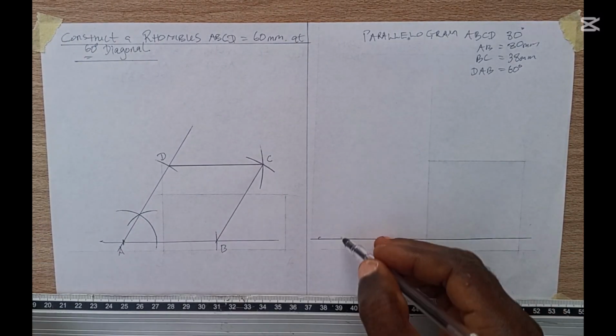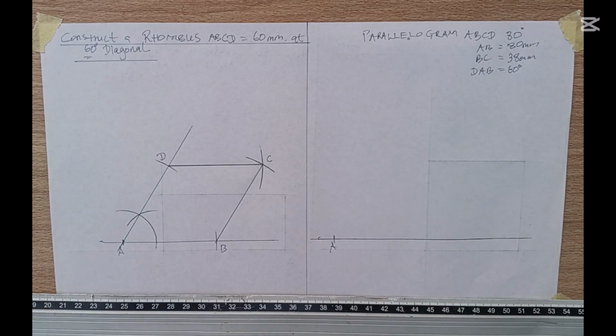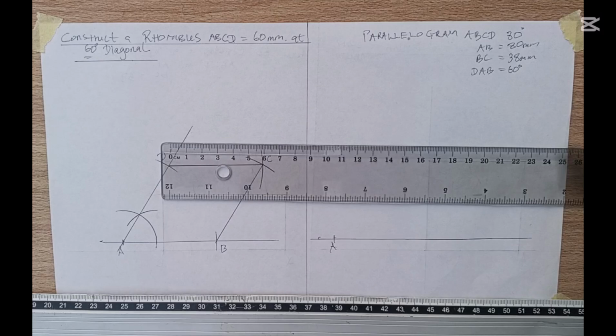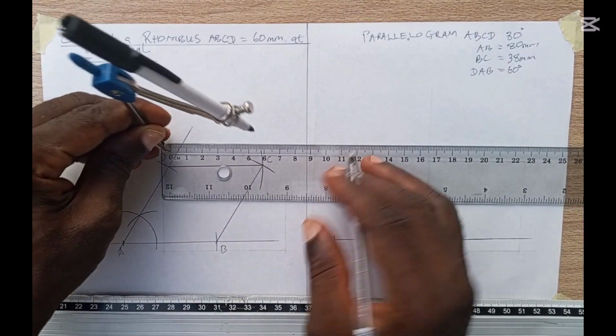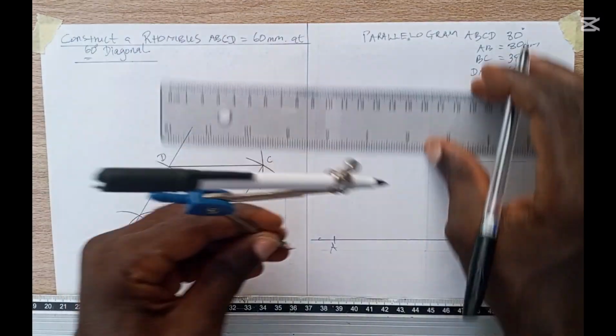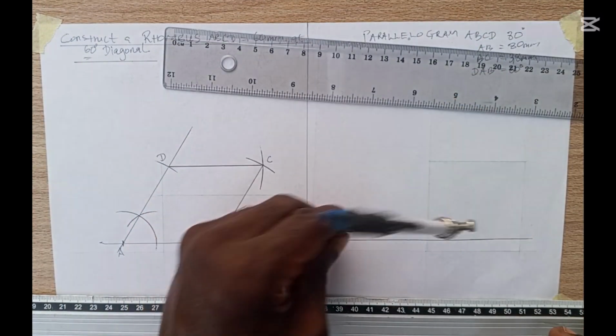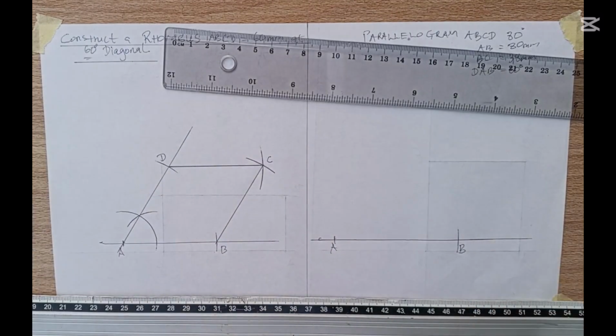The horizontal line, we cut a mark here. Let that mark be A, and then you measure your AB. Is number 8 here. Can you see that? Number 80, and then we cut here now. This is B.